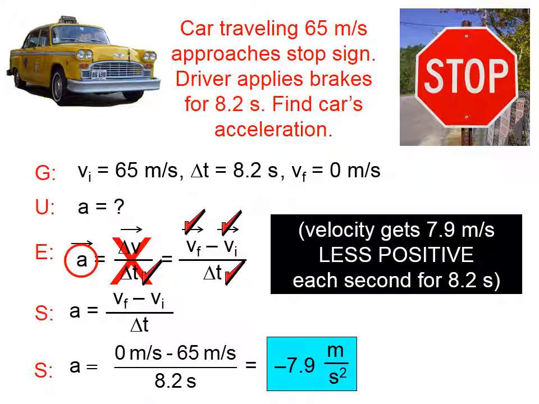So initially the car was traveling 65 meters per second. 1 second later it's going 7.9 meters per second slower than before, and it does that for 8.2 seconds.